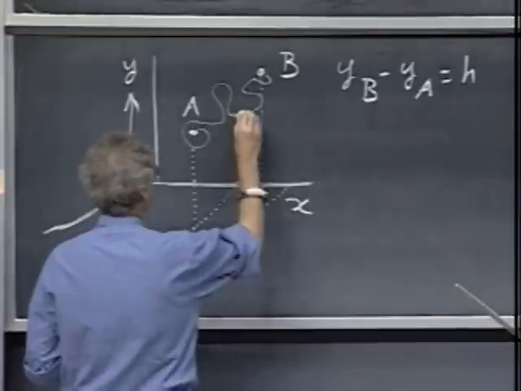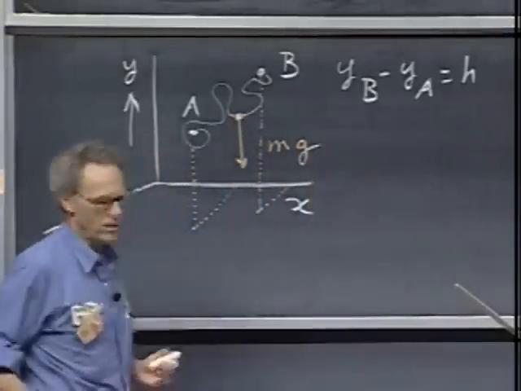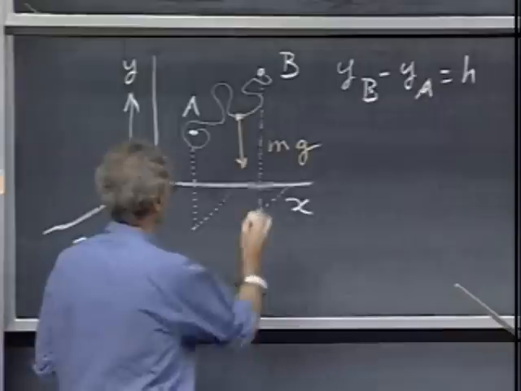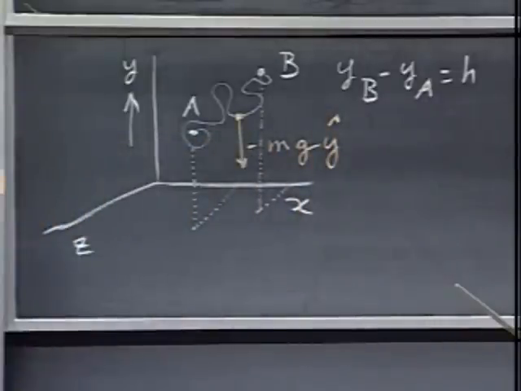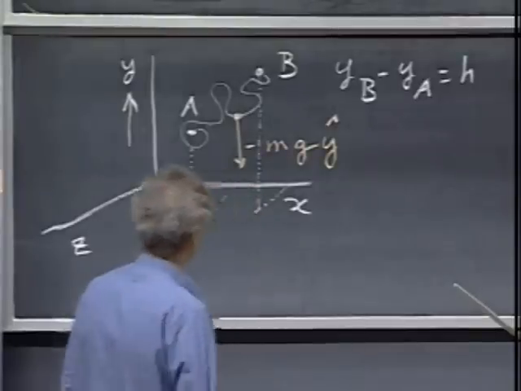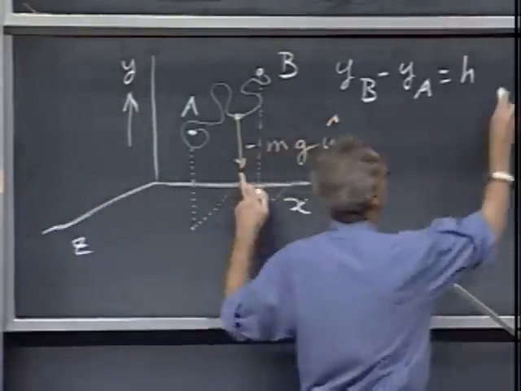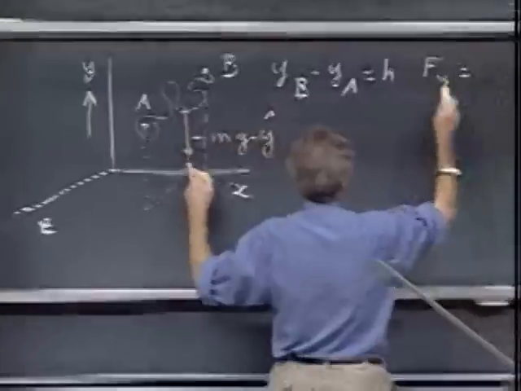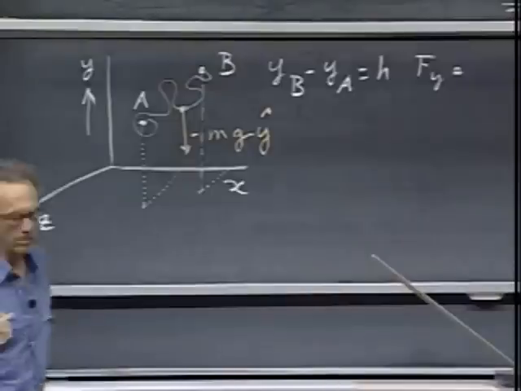I only want to know the work that gravity is doing. The object has a mass m, and so there is a force mg, and I can write down the force in vector notation. It's in this direction. So now I notice that there is only a value for f of y, but there is no value for f of x, and there is no value for f of z.